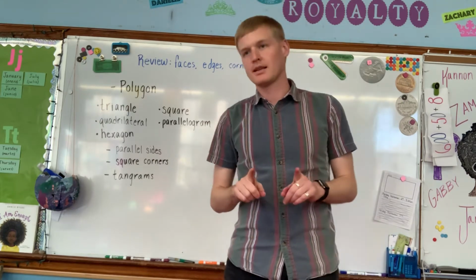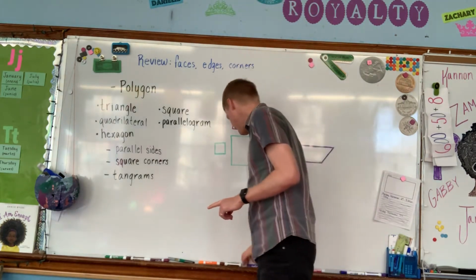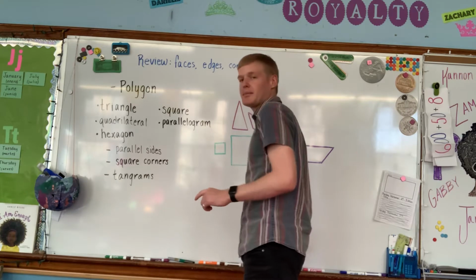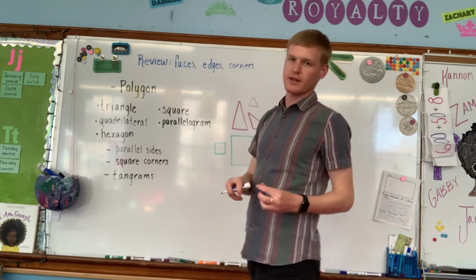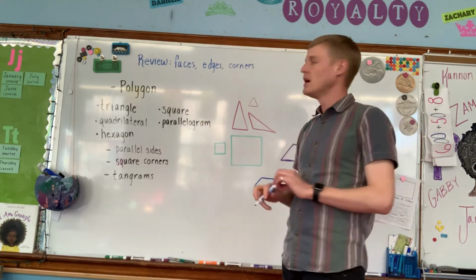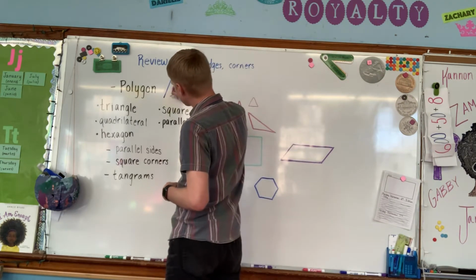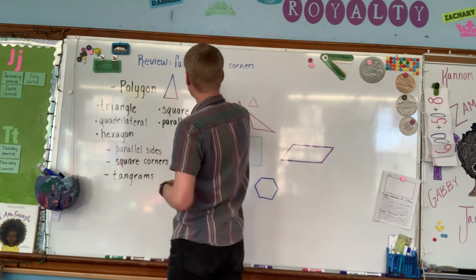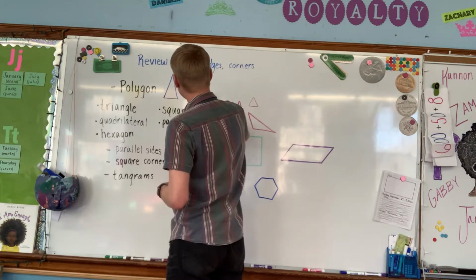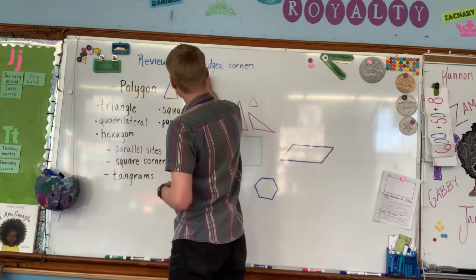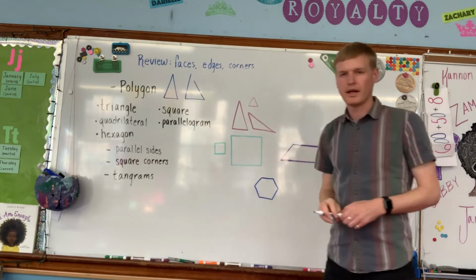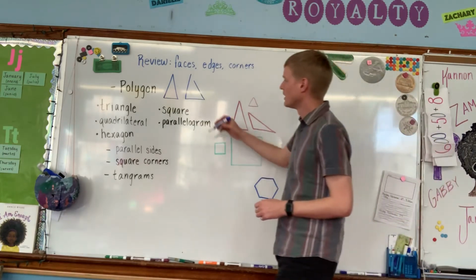The only thing that you need to make sure is that that shape is a closed figure. And that's a little bit confusing, but I'll give you a good example. If I draw this triangle and this triangle, I have these 2 triangles right here.